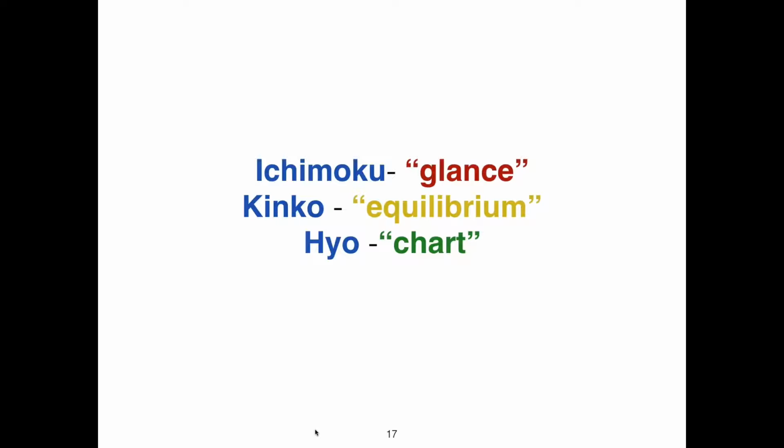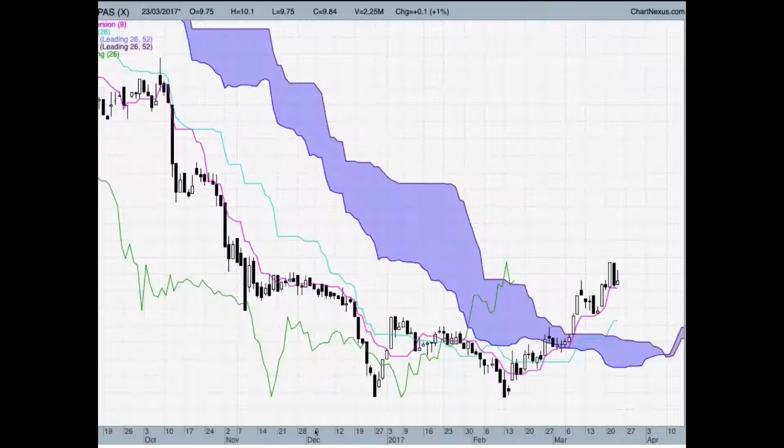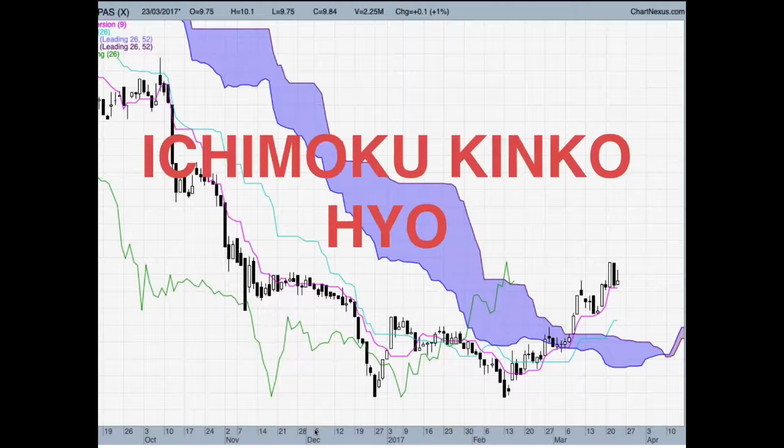So one glance at the Ichimoku chart will give you an immediate understanding of the sentiment based on where prices are in relation to the Ichimoku components. This chart, for example, shows a strong downtrend, and then it shows a strong reversal to the upside. These Ichimoku components warned us that this reversal was about to happen several periods ahead. So Ichimoku answers many questions.